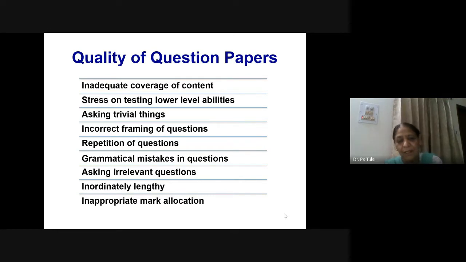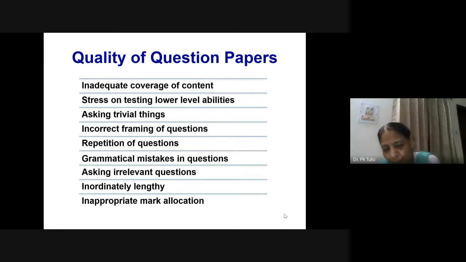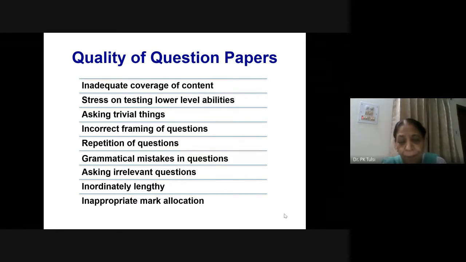Then obviously there are problems with mark allocation. Maybe the question is divided into three parts, A, B, C, and you have given 5 marks. Nobody knows whether it is 1.5 or 2 marks, or 1 mark, 2 marks, 2 marks.